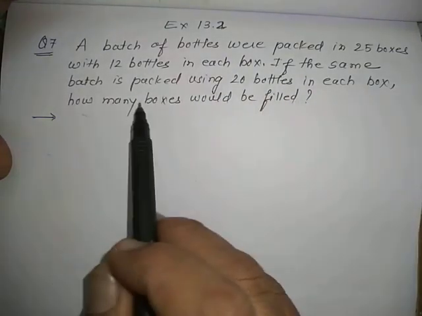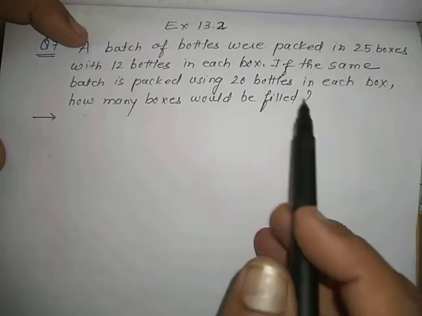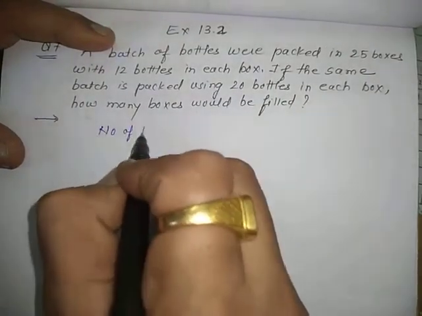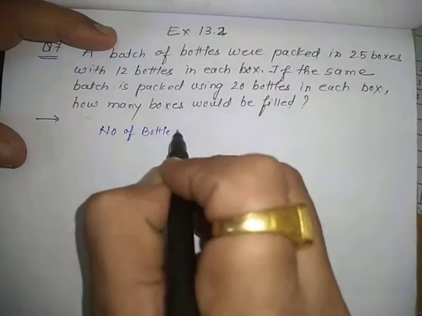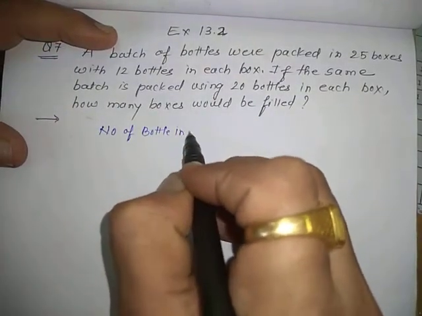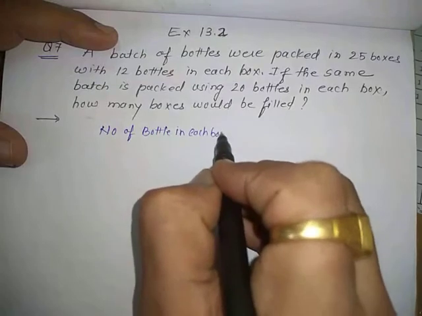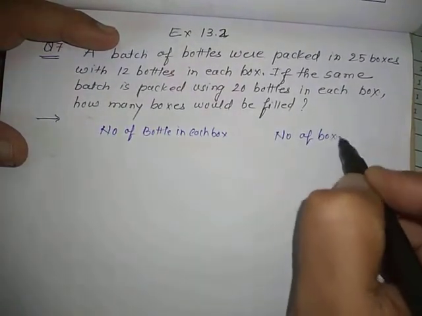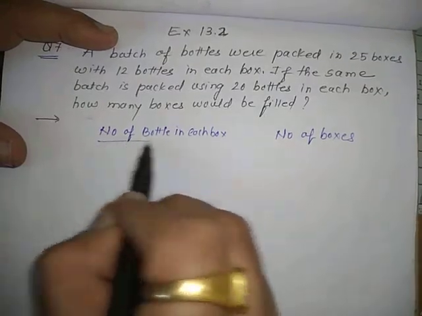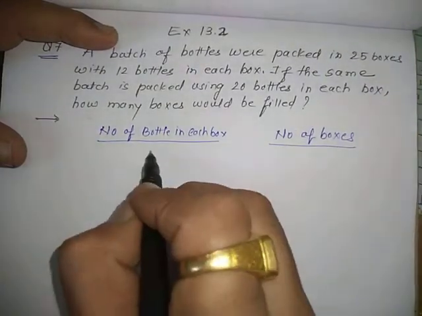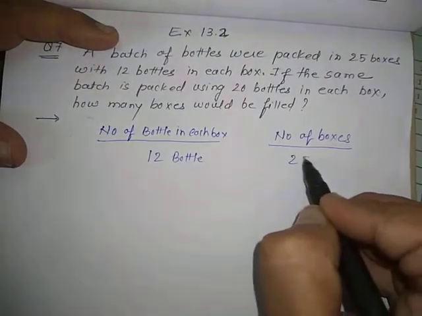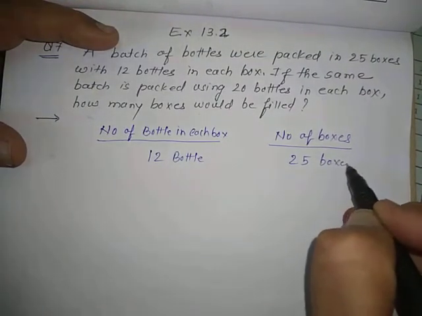So we want to know how many boxes will be there. So number of bottles in each box and number of boxes. So number of bottles in each box is 12, then 25 boxes are required.